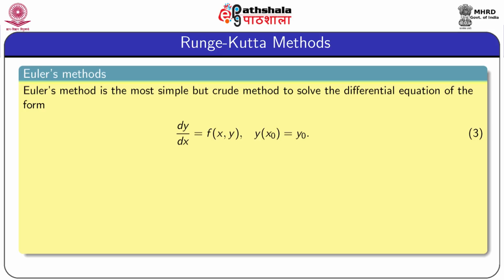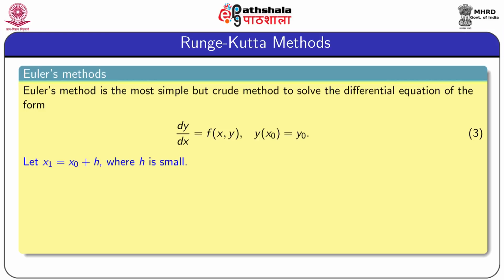Now, we consider the simplest but crude method, known as Euler's method, to solve an ordinary differential equation of the form dy/dx = f(x, y), where the initial condition is y at x0 equal to y0. That means Euler's method is applied to solve the equation of type 3. Let x1 = x0 + h, where h is a small quantity, it may be negative or positive.